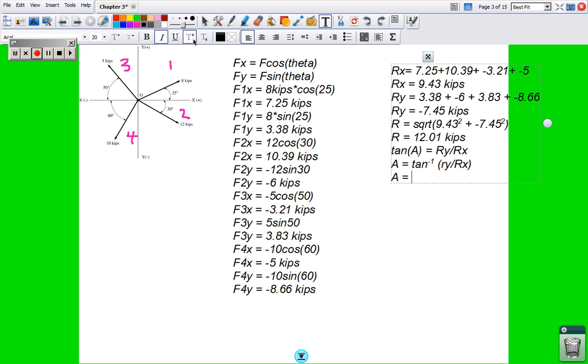Now I'm not going to use the negatives because all that's going to happen is they'll give me a negative angle, which would be the angle going back this way. But I know that it's in this quadrant, and I'm going to draw it so that you can see that. Divided by 9.43.